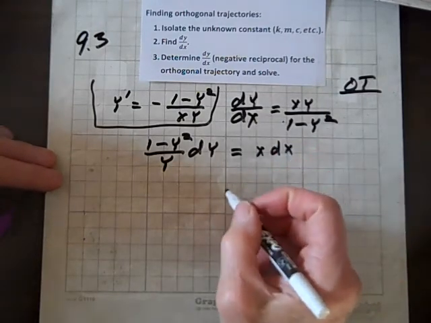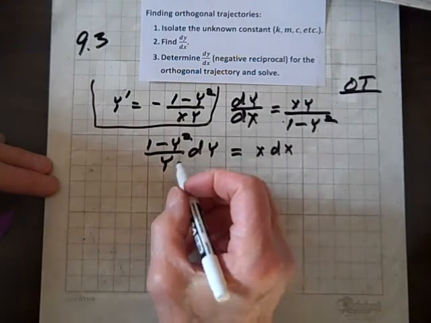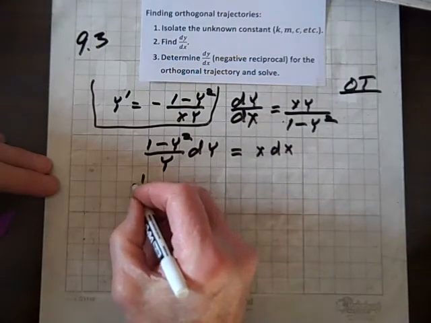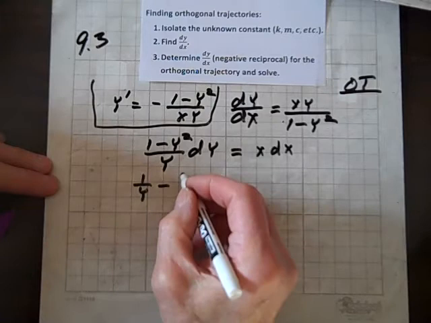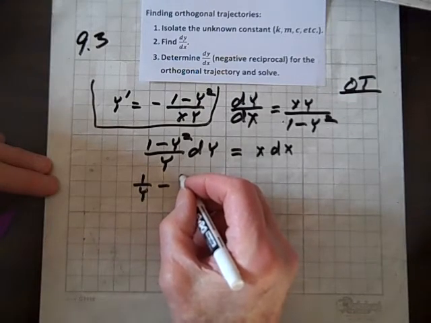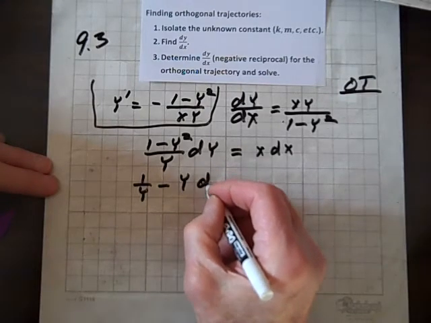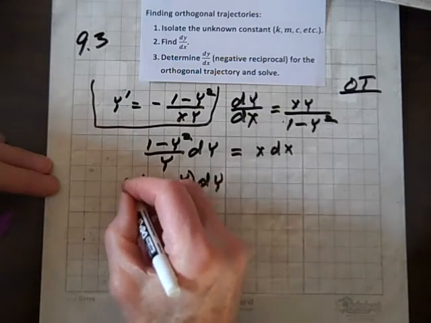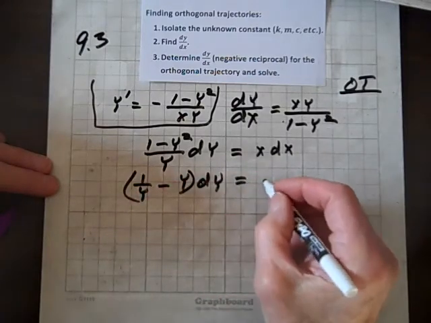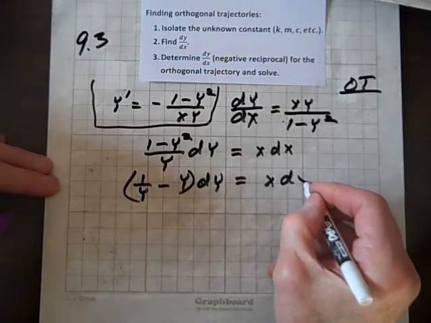Separable differential equation. So now this becomes 1 over y minus y squared over y just becomes y dy equals x dx.